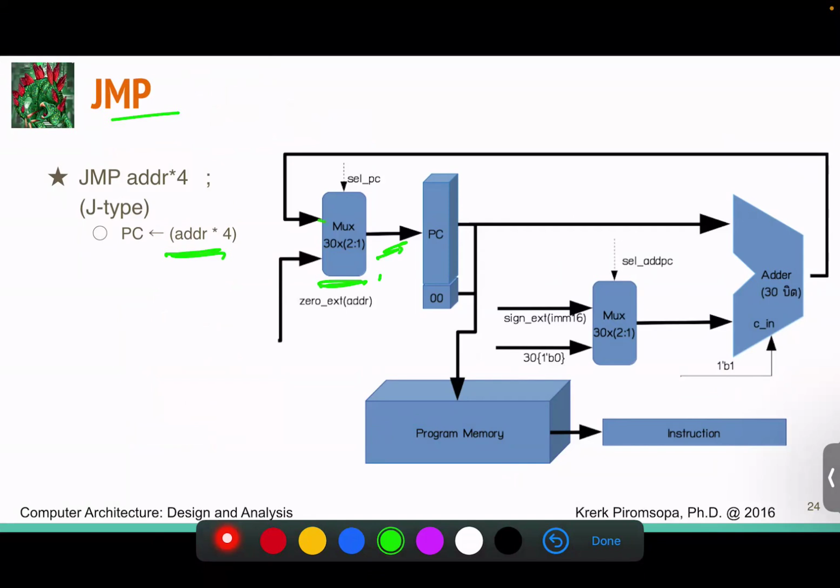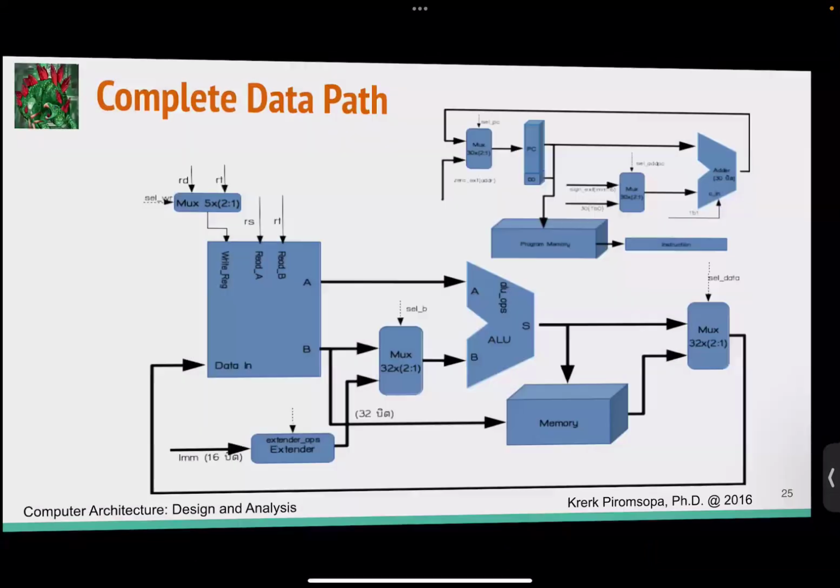So now PC can either be the result from the adder or the result from the address. And put them all together, you would see something like this.